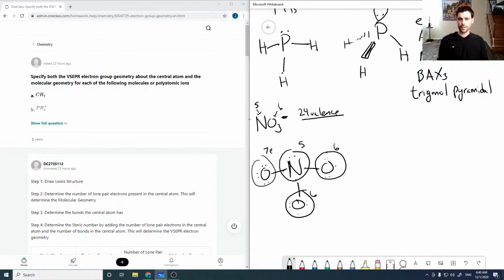So these are neutral. This guy's got a -1 charge. The nitrogen's octet is filled, but for these two, the octet is not filled. So we need to fill that up. The best way is to convert one of these electrons into a bond, or move that electron over there. And so we get a double bond here, and then everyone would be full octet. So it'd be something more like this.